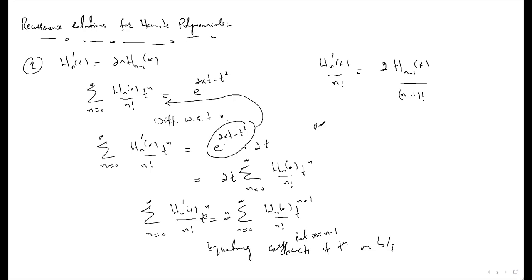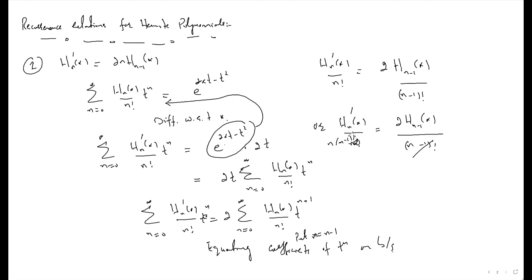Okay, or I can write this as h n prime of x divided by n factorial is equal to twice h n minus 1 of x divided by n. Here I will write n factorial as n into n minus 1 factorial.